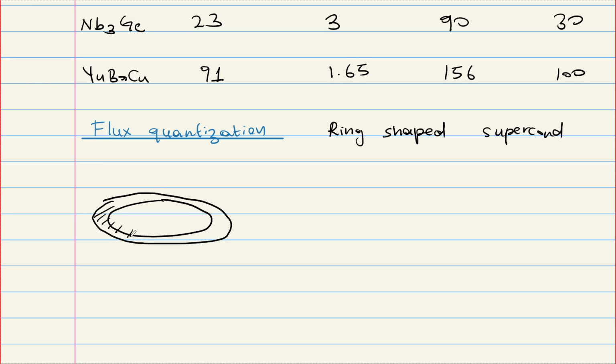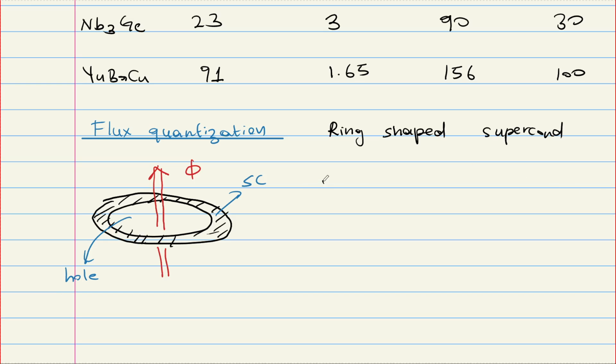So this is the superconducting region. And inside this, I want to put some solenoid, and I have some flux inside. So this is flux, this is superconductor, and this is the hole inside the superconductor.